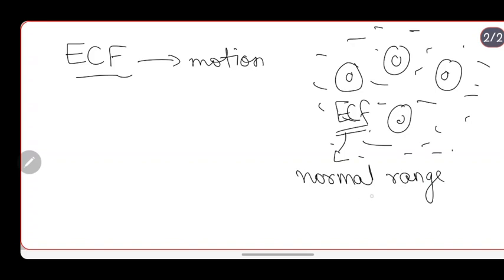All right, so to maintain this normal condition in the surrounding of cells all through the body, this is what homeostasis is, right? Homeostasis is to maintain a nearly constant condition all through the body.